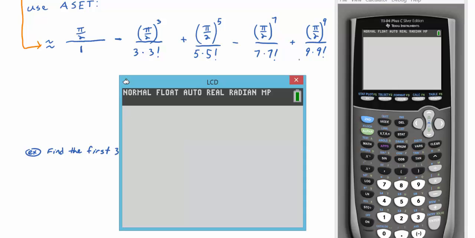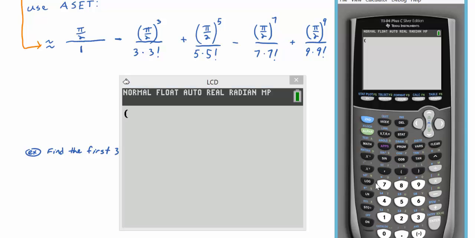Okay, so let's try it. You just have to type it in, right? Let's put it in parentheses. Pi over 2, let's see, pi, there it is, divided by 2. Let's bring that to the 9th power. That should be pretty small, right? What do you have to be careful of when you divide? You better put in parentheses. 9 times 9 factorial.